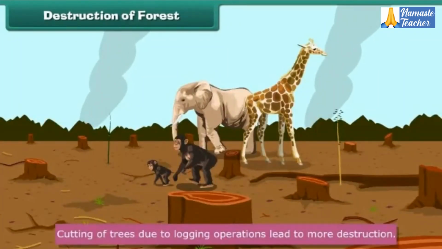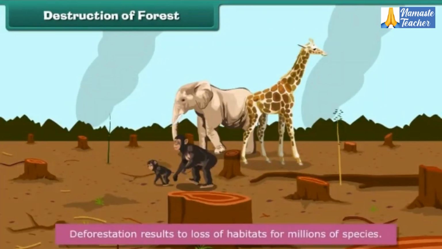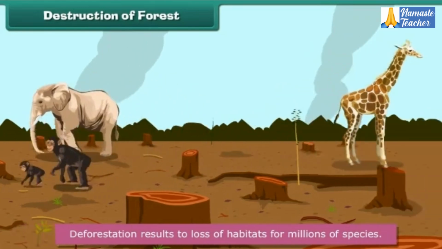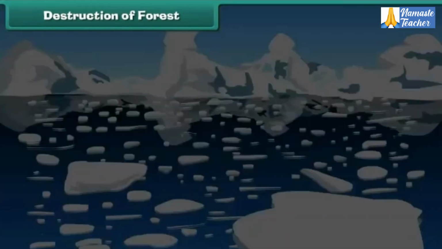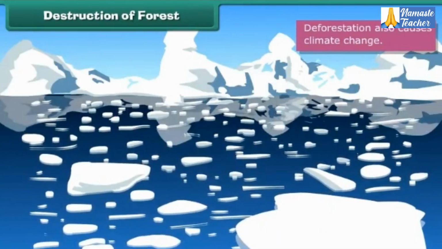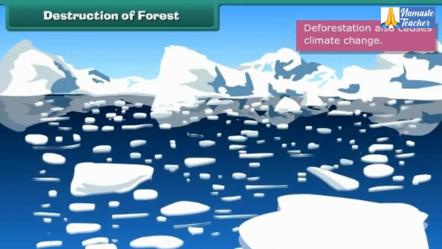Countless cutting of trees due to logging operations leads to more destruction. The most severe impact of deforestation is the loss of habitats for millions of species. Deforestation also causes climate change because trees absorb the greenhouse gases. It leads to global warming.